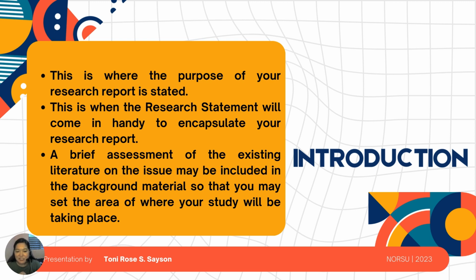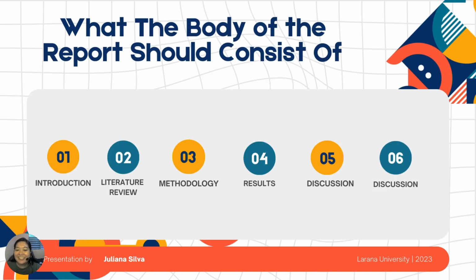So first, it is where you can find the research statement, which will be the main thing that you have to consider, because that is what needs to be answered at the end. And since we're discussing what the body consists of, we have to give out what are really part of the report.